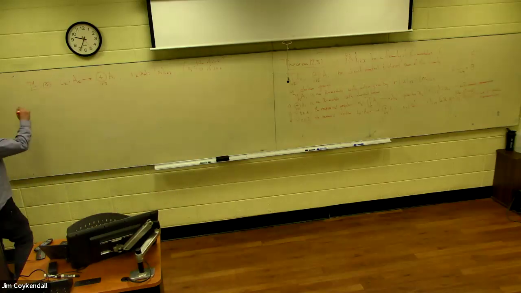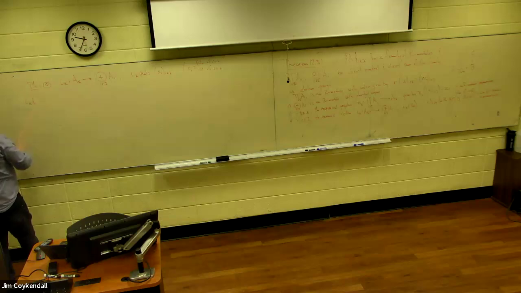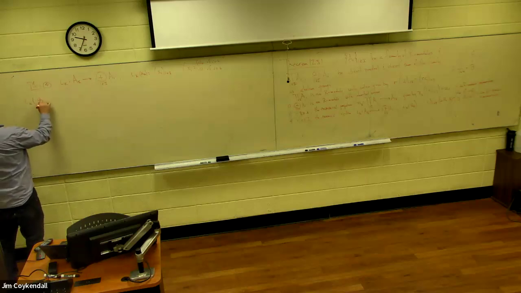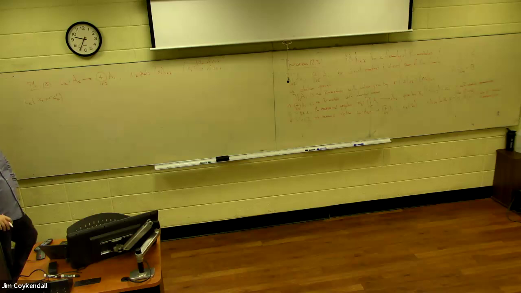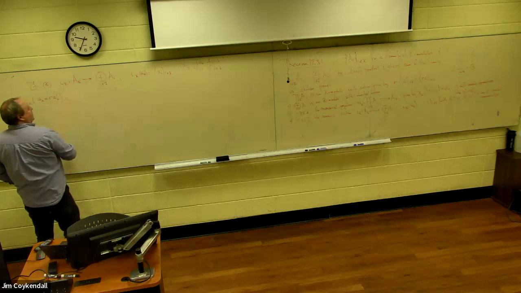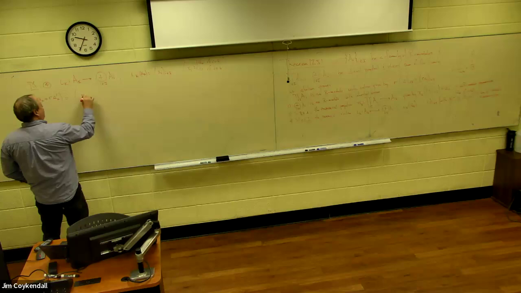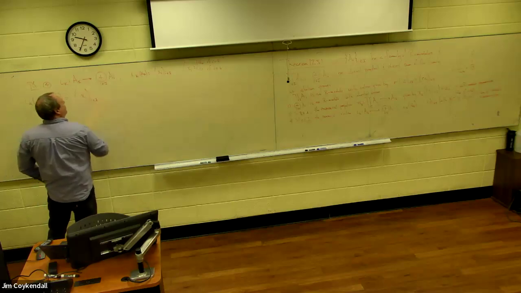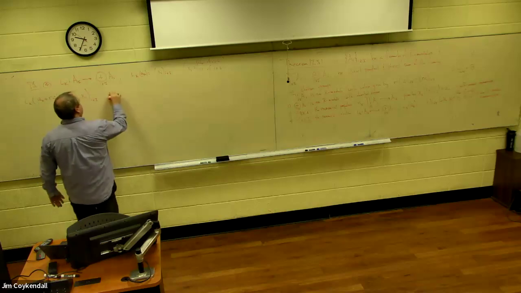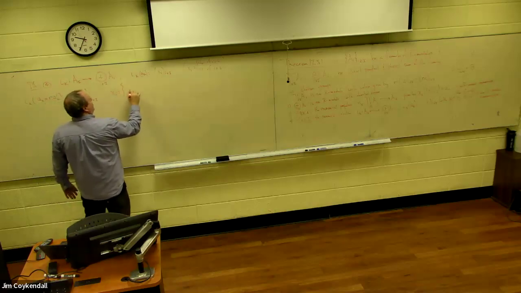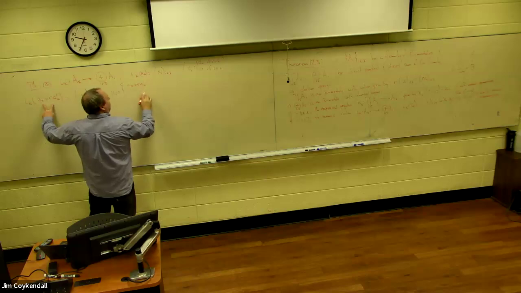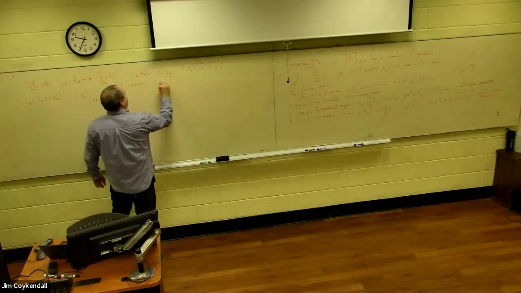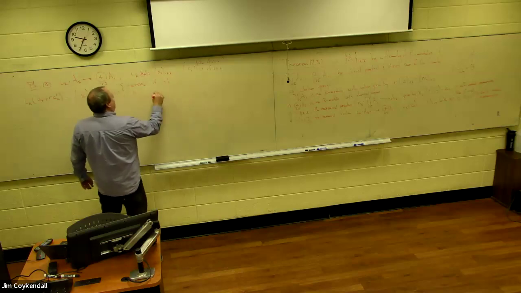Well, let's look at AK plus R AK prime. Let's see what this gives us. This gives us, by our rule, where XI equals AK plus R AK prime if I equals K, 0 else.